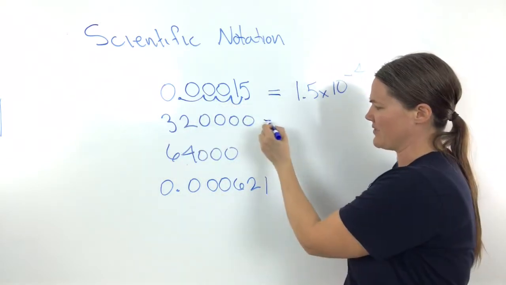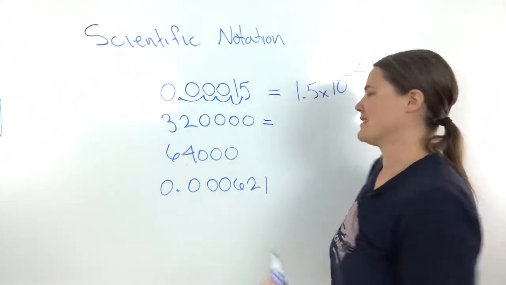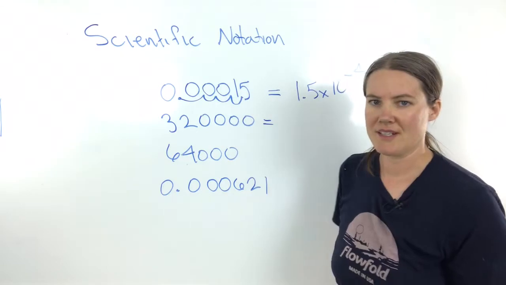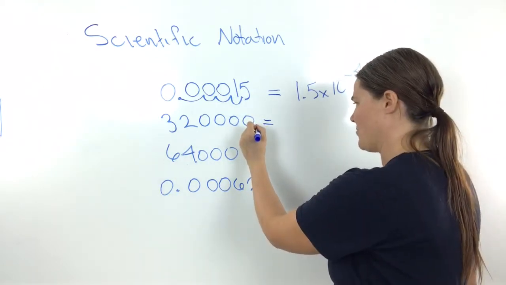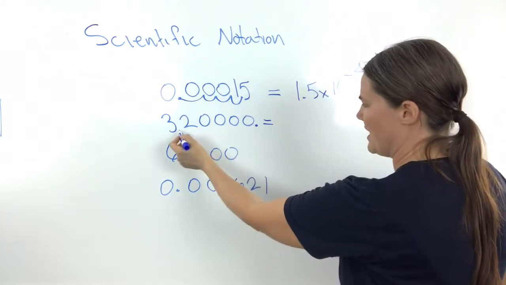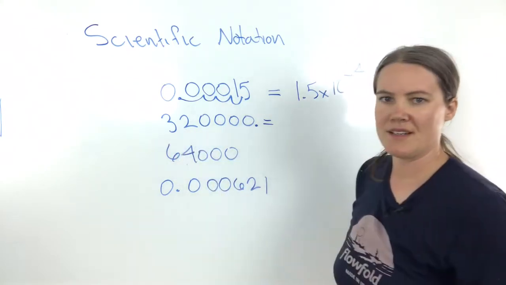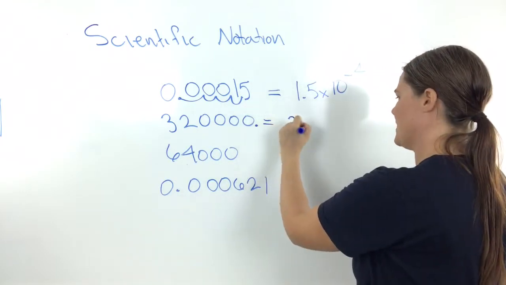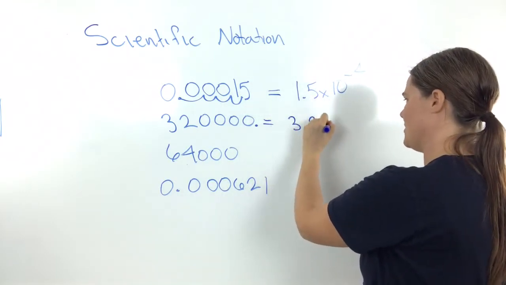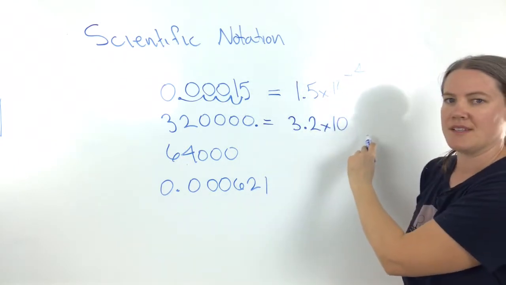Now let's do the next one. So this number, 320,000, doesn't have a decimal point already, so I'm going to add one just so I have a decimal point to move. And I want the decimal point to end up between the 3 and the 2. So I'm going to just write down 3.2 times 10, and then I need to figure out what this exponent is.